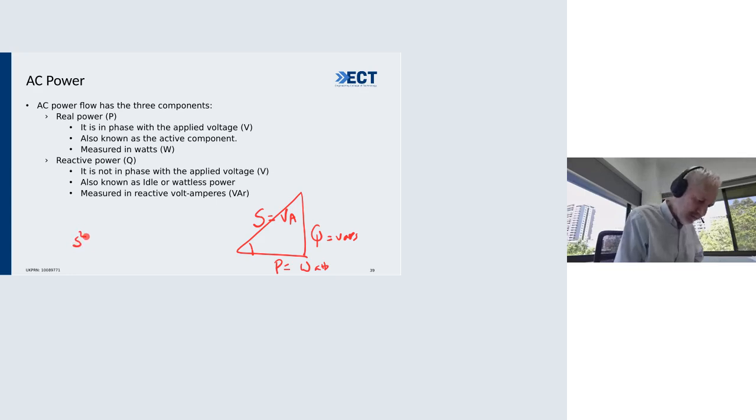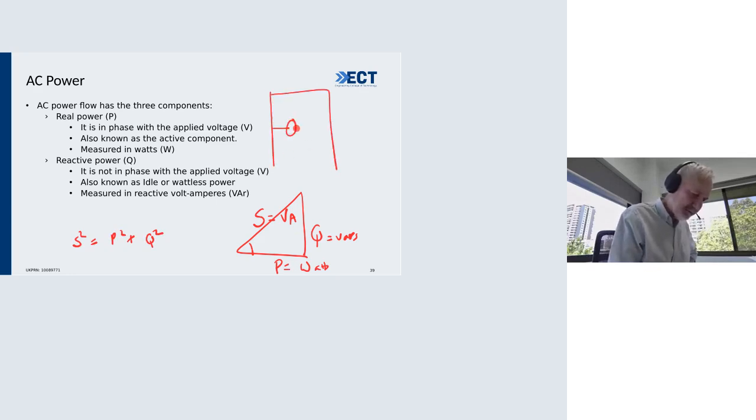So S squared equals P squared plus Q squared. And the important point is if you've got a whole lot of loads, say, for example, let's call this S1, S2.